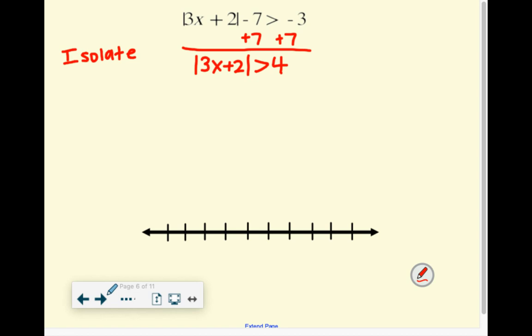Okay, now the absolute value is all by itself, so your next step is going to be to go ahead and make it compound. So keep one exactly the same, 3x plus 2 is greater than 4, and change the other one to a negative 4, and as you flip this sign, also flip the symbol. Flip the sign, flip the symbol too. Goes together. And then we're going to solve both of these.